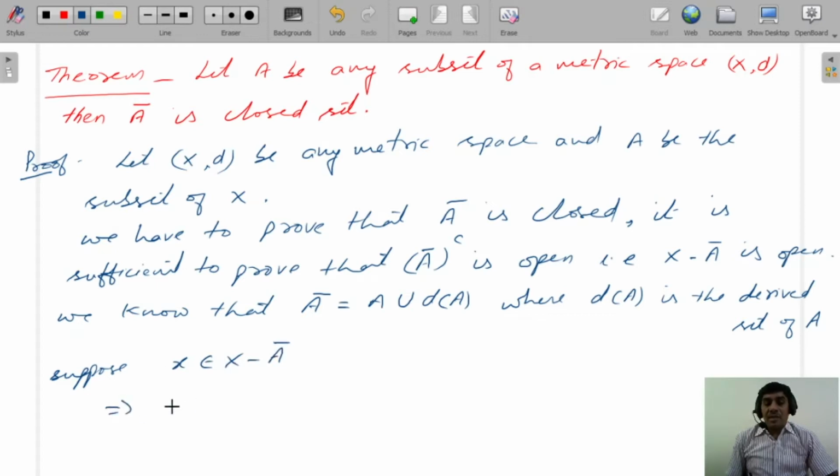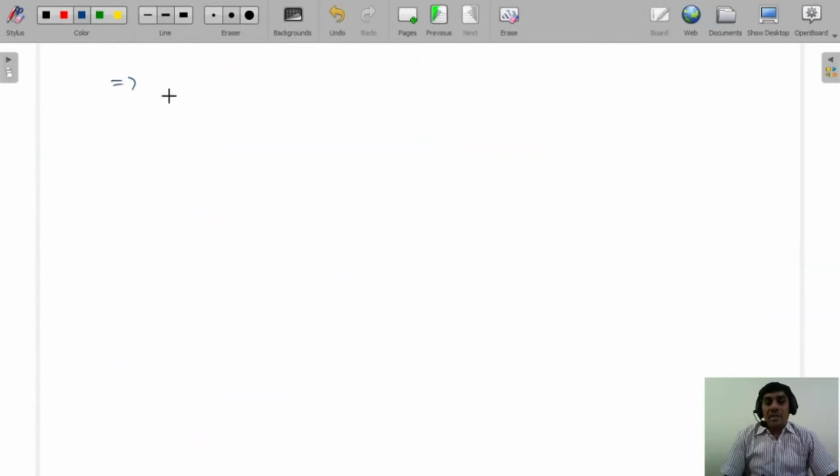This implies x does not belong to A closure. This implies x does not belong to A union D of A. This implies x does not belong to A and x does not belong to D of A.